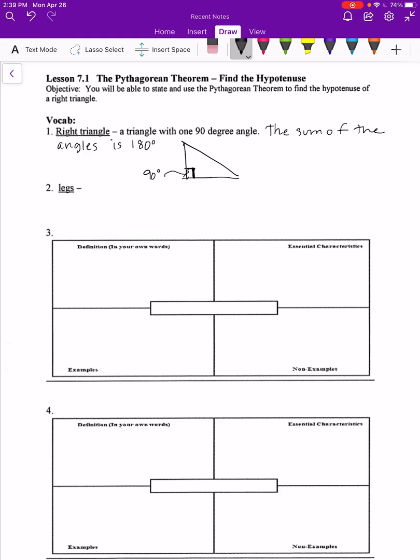All right. Legs. So this Pythagorean theorem is based on a couple of things called legs and hypotenuse. Legs, and I'm not talking about the two legs that you have on your body. Legs for this are the two shortest sides in the right triangle.